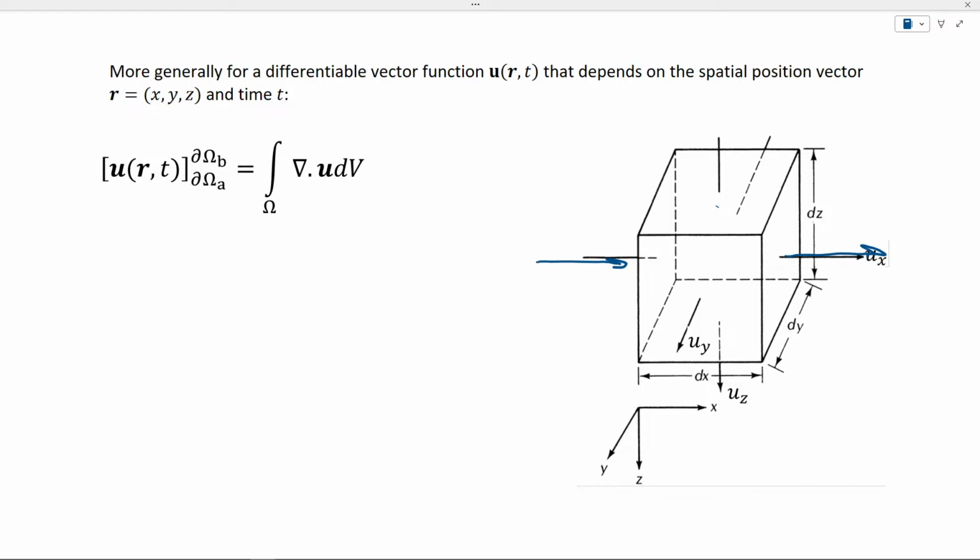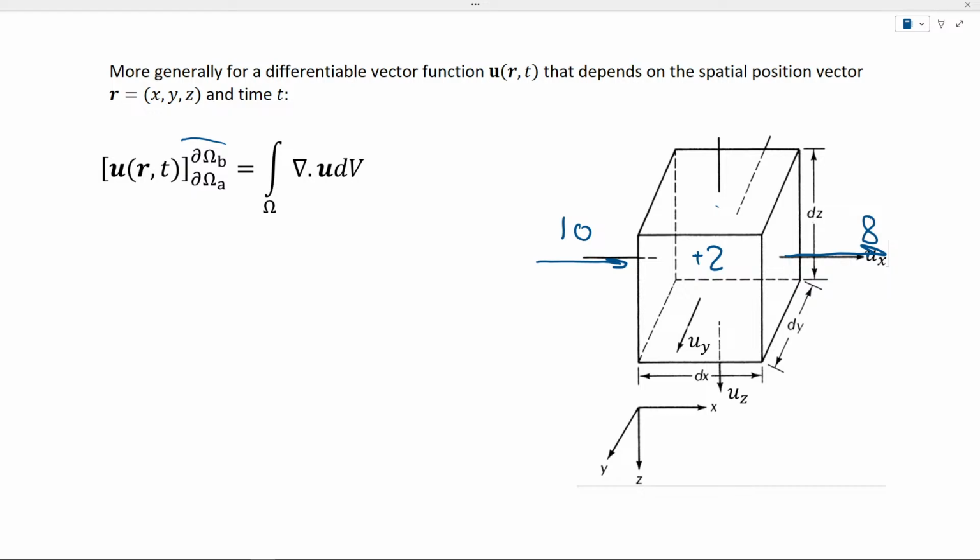So let's say I have 10 units entering here, say 10 milligrams or 10 whatever of a contaminant or anything, and 8 units leaving here. So what is accumulating inside? 10 is entering, 8 is leaving. This means that plus 2 is accumulating here.